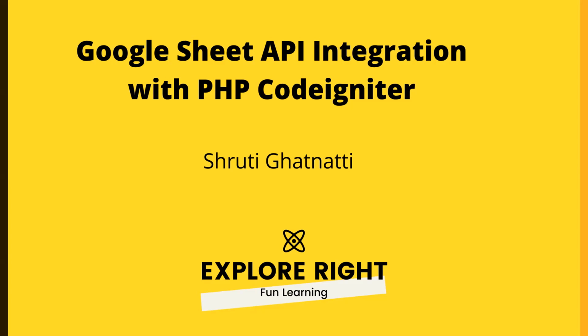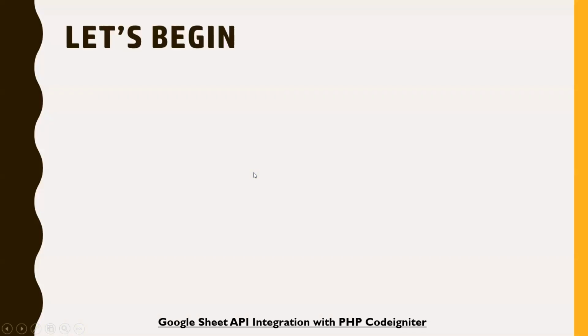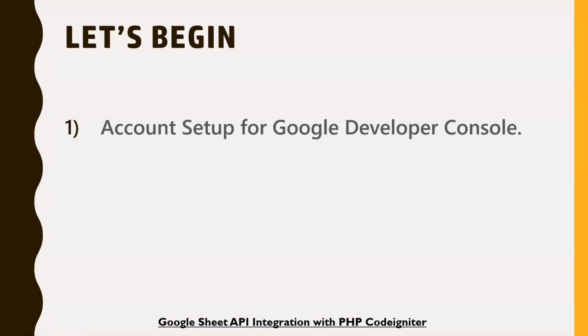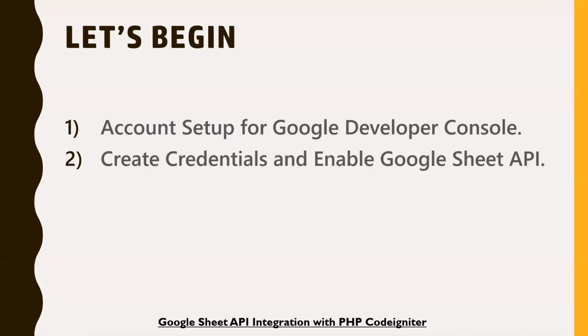It's quite simple and easy to integrate the APIs provided by Google Sheets. I've divided this video into 4 sections, so let's begin and understand what each section will have. First, we need to set up the Google developers account to proceed with the Google Sheets APIs. Second is to create the credentials and then enable the Google Sheets API library.